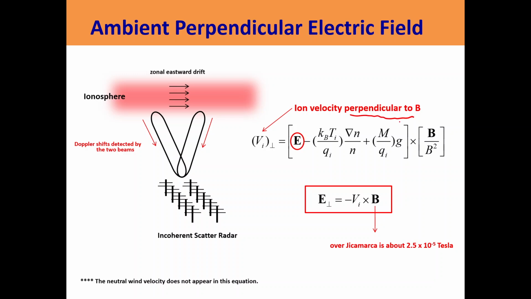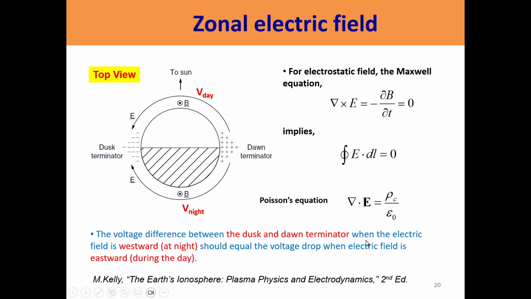I think you've seen this already. This electric field is similar to the previous page. It's just the V cross B. So basically, there are different types of field: zonal field, perpendicular field. There are many types of field. This is zonal field.